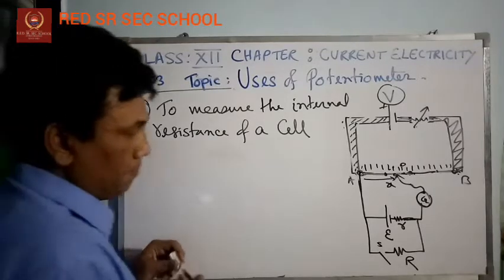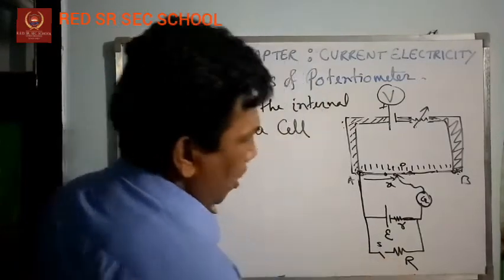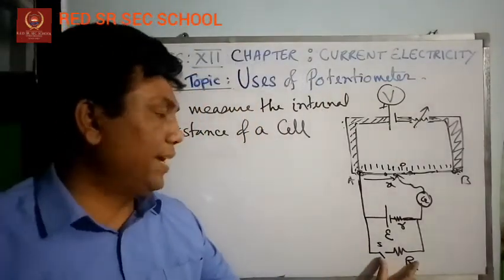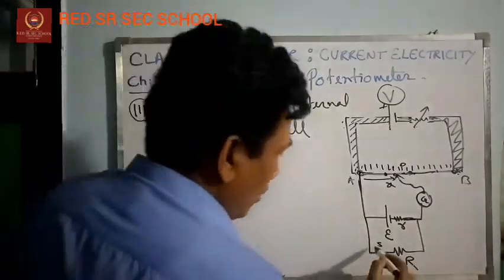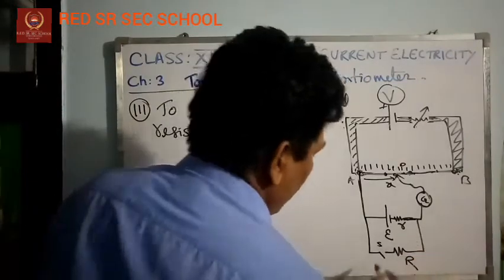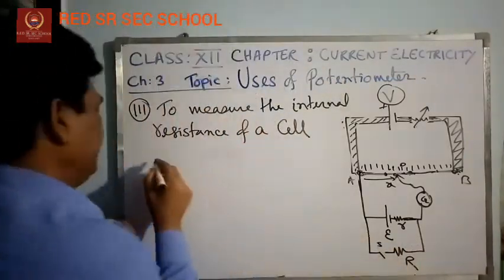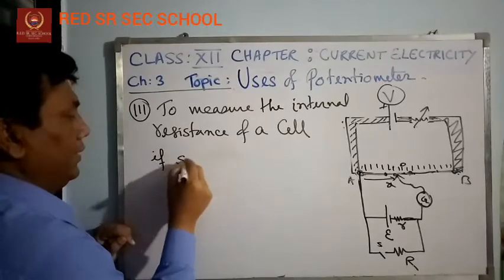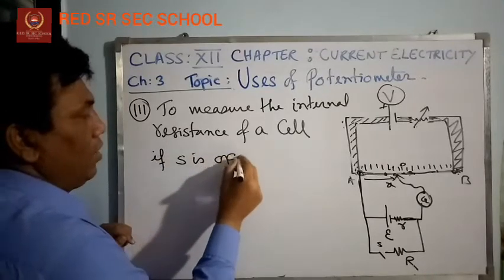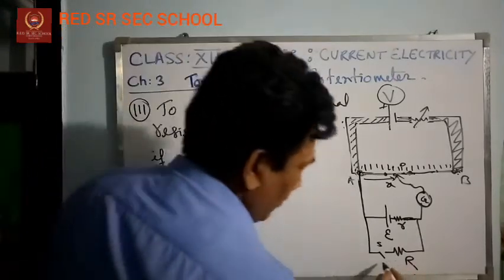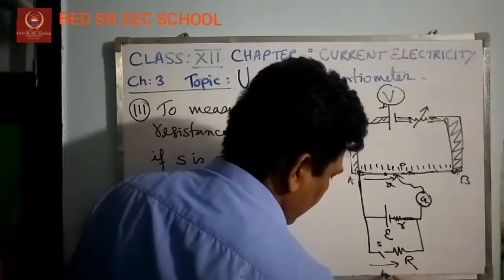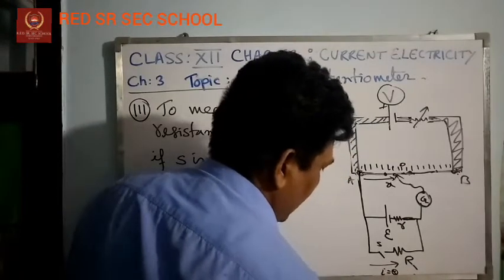So in this figure we have to see it properly. If S is off, no current will be passing in this circuit. If S is off, no current will be flowing through this branch. The current will be 0.